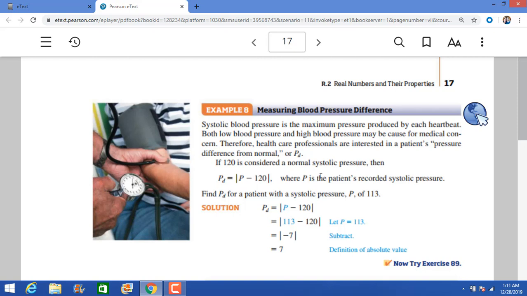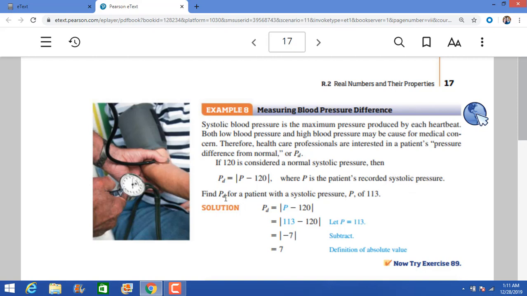Therefore, healthcare professionals are interested in a patient's pressure difference from normal, or what we call P sub D. If 120 is considered a normal systolic pressure, then the difference P sub D is the absolute value of P, your blood pressure, minus 120, where P is the patient's recorded systolic pressure.